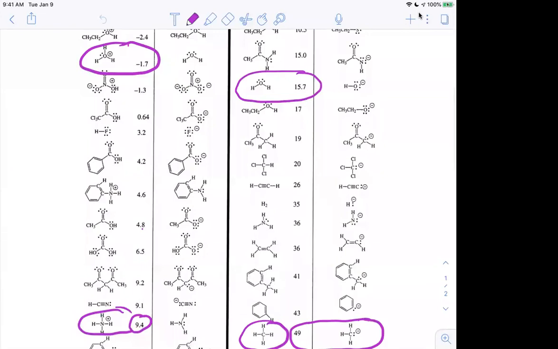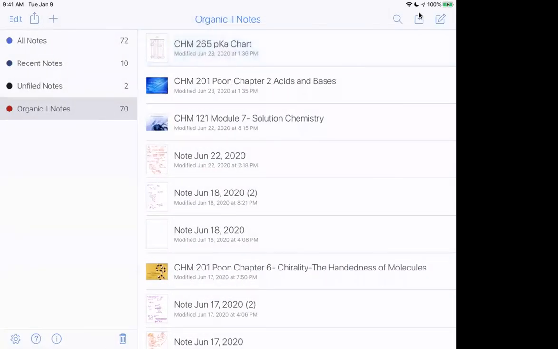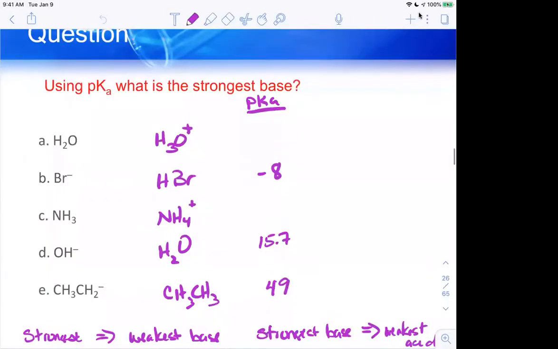I have a 9.4 and a -1.7. So this is what I'm going to do here, a 9.4 and a -1.7. So this is actually my strongest acid, and this is going to be my weakest acid.